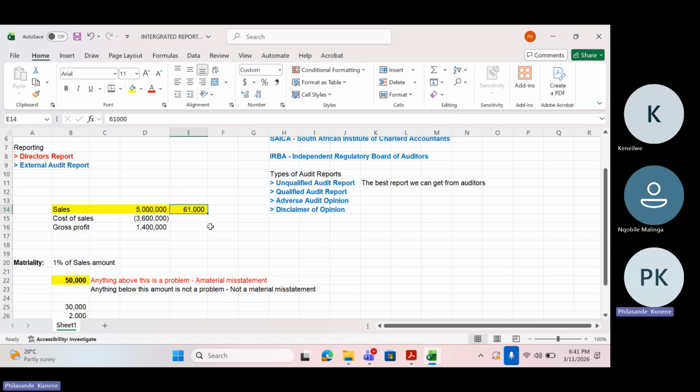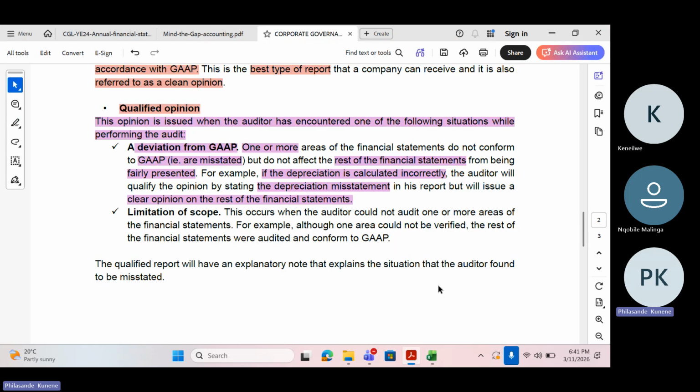I found an error of 61,000 in the sales amount, but everything else is fine. All the other line items are fairly presented, except the sales amount. If it's depreciation that is incorrect, I'll state the depreciation, which is materially misstated by 61,000, but everything else is correct, which means I'm happy as an auditor.